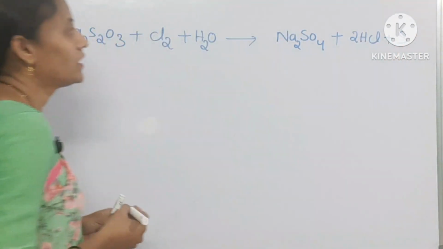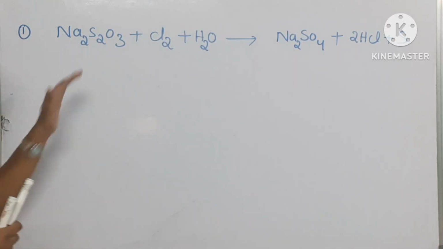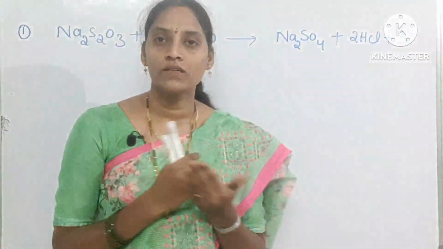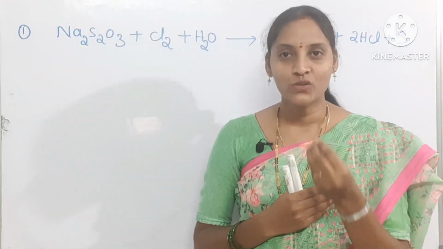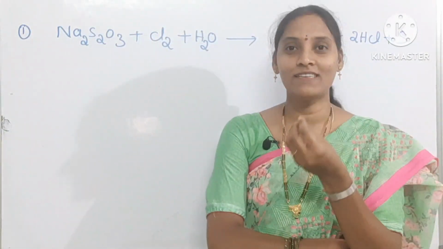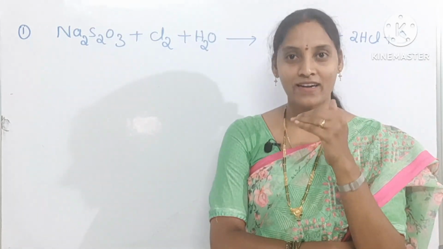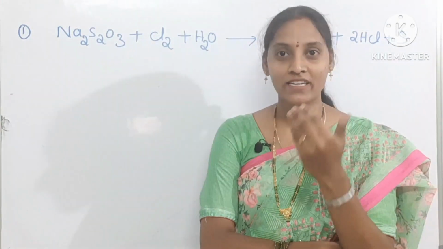This is the reaction that takes place between chlorine and sodium thiosulfate. Actually, in this reaction we can say hypo is acting as an anti-chlor.